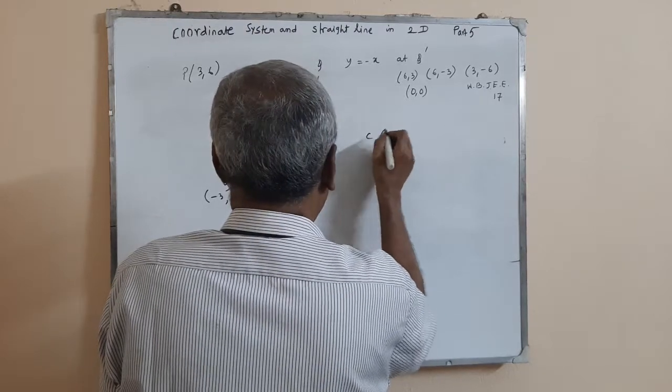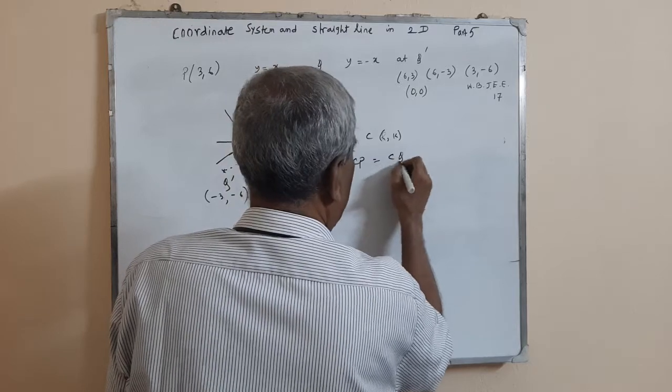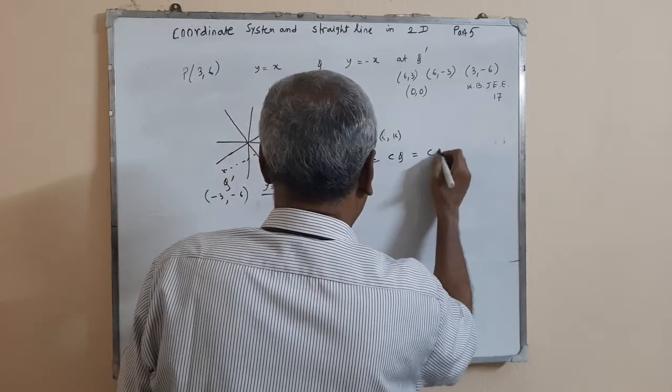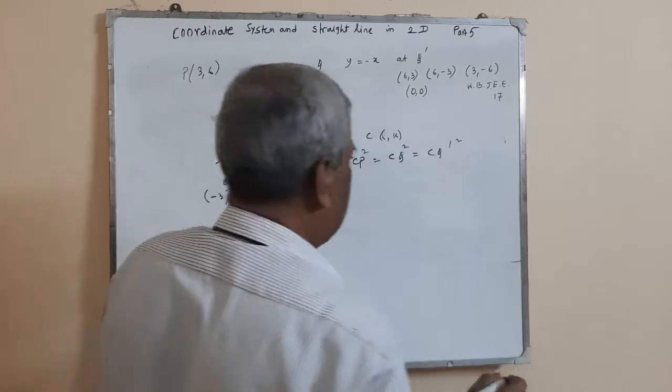Say the circumcenter is C. So CP is equal to CQ is equal to CQ dash. That is, this square is equal to this square is equal to that square.